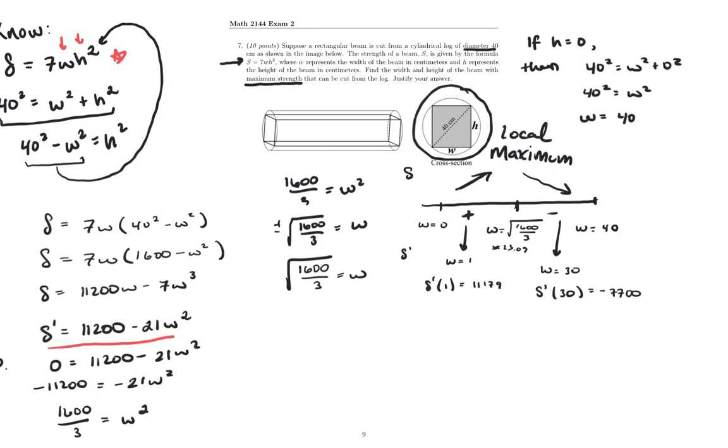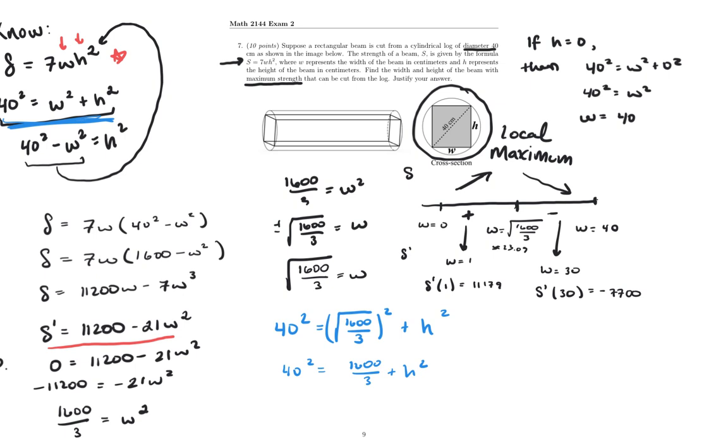Okay, so now I need to solve for H. Using my constraint equation, 40 squared is equal to the square root of 1600 divided by 3, squared, plus H squared. I'm plugging in W using this formula right here, and I'm going to solve for H. So this is just 40 squared, which is equal to 1600 divided by 3 plus H squared.